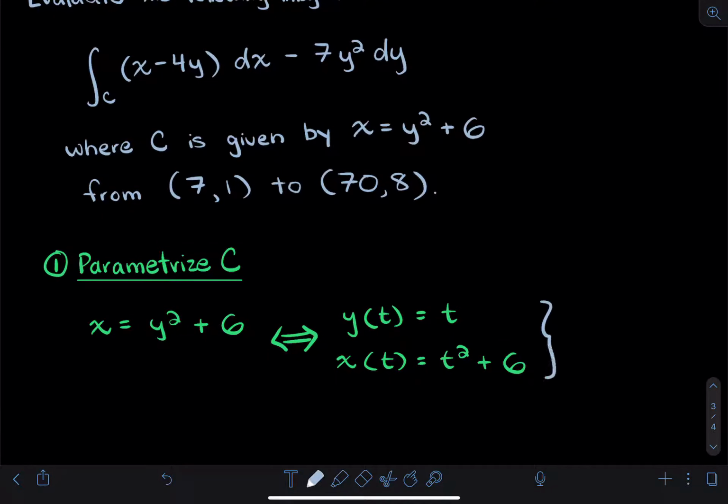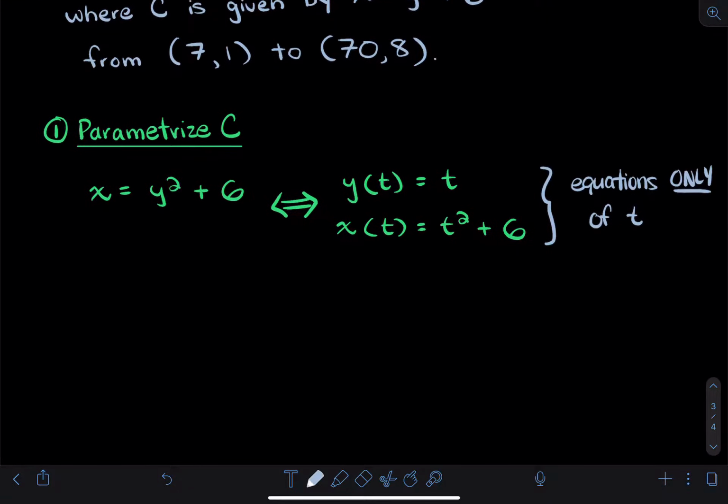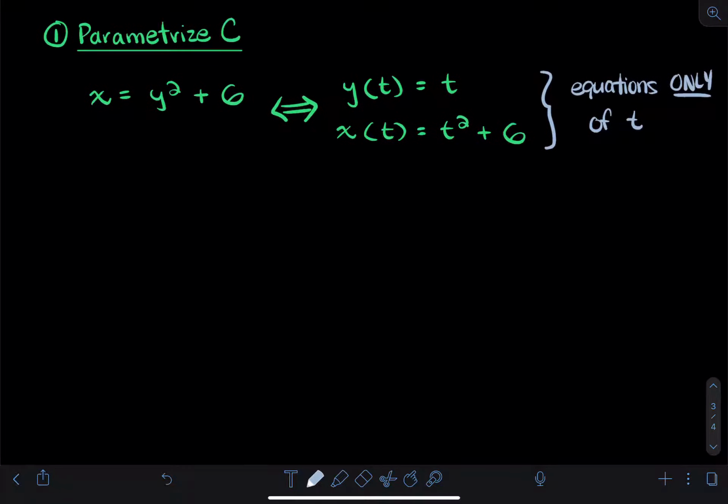When we're talking about y of t and x of t, these need to be equations only of t. We don't want any other variables here. We can have constants, but we don't want any other variables. We'll see later why this is very important.